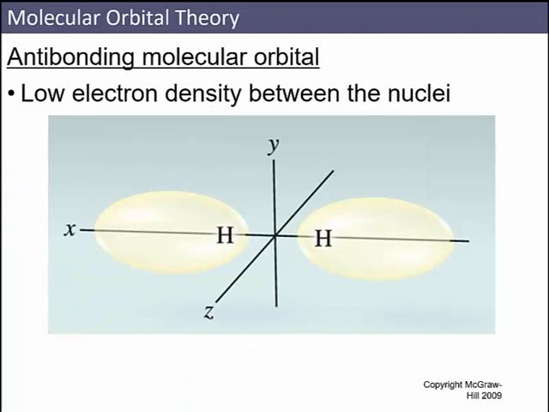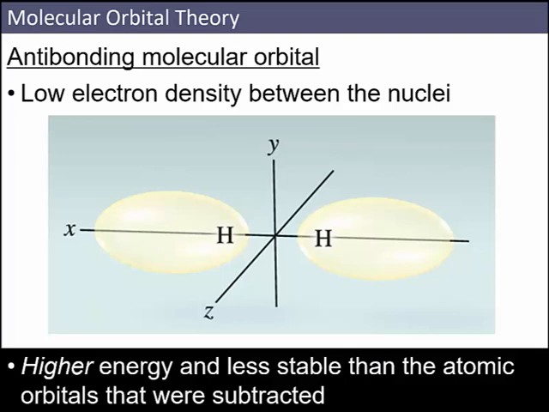In doing the difference, or destructively interfering with these guys, we're going to have a low electron density between the nuclei. We've got a node in between them. These are higher energy and less stable than the atomic orbitals that were subtracted. So if here was our hydrogen's s orbital and here was this other hydrogen's s orbital, we would have an antibonding orbital, or sigma starred, that would be higher in energy.